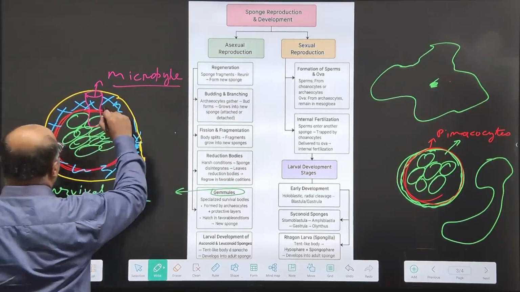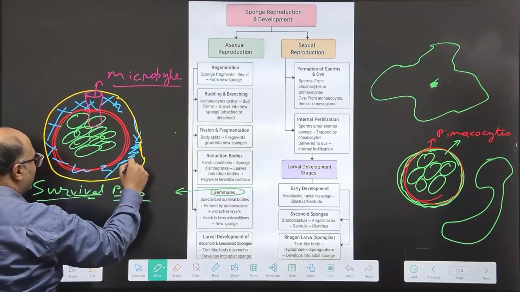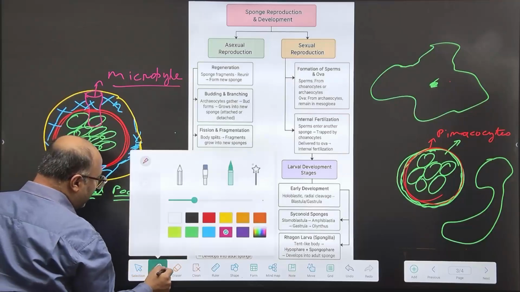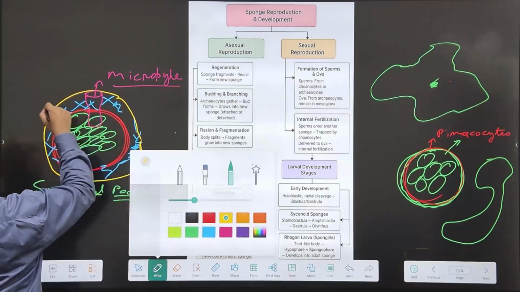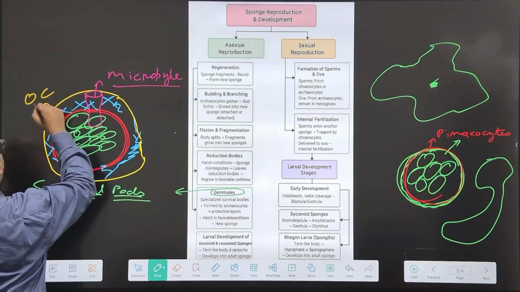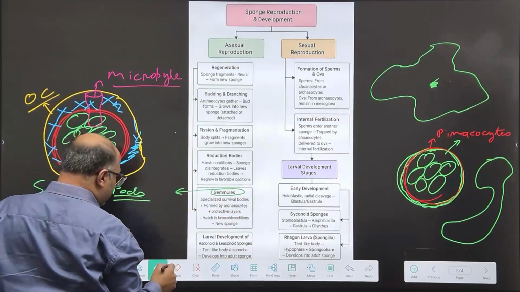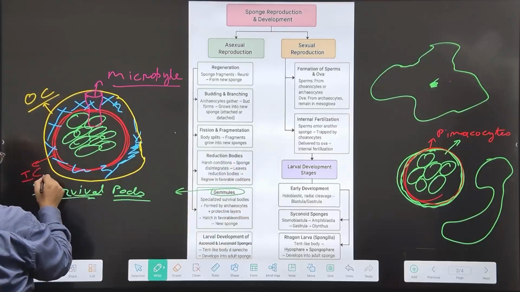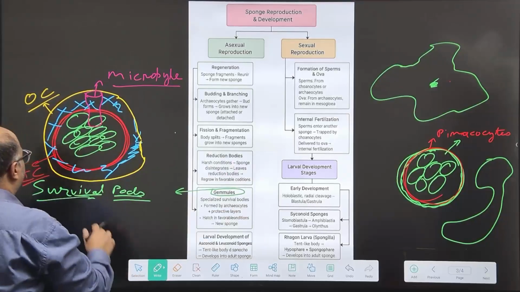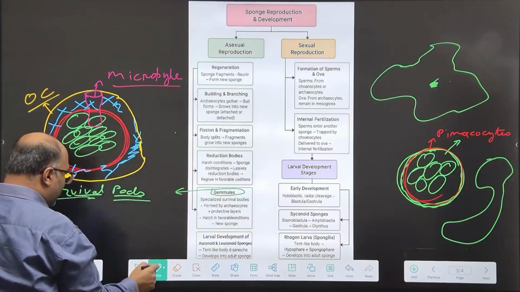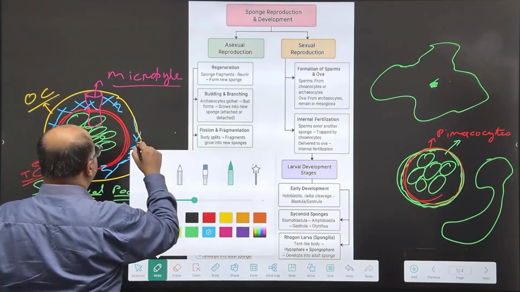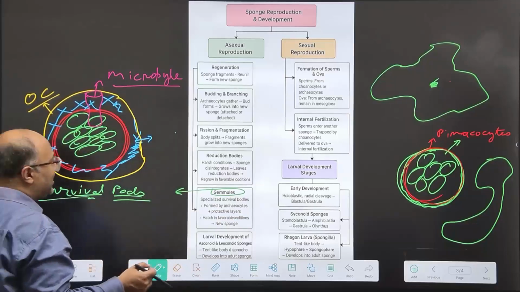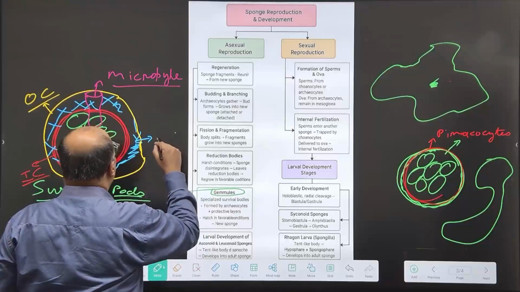So this micropyle is covered with this loose layer, which is the yellow one, the outer cover. Let me label it. Just writing OC for outer cover. We have this inner cover. Now, there are spicules, which I have shown with the blue color. That's a gemmule, a very specialized structure found mostly in freshwater sponges, including Spongilla.